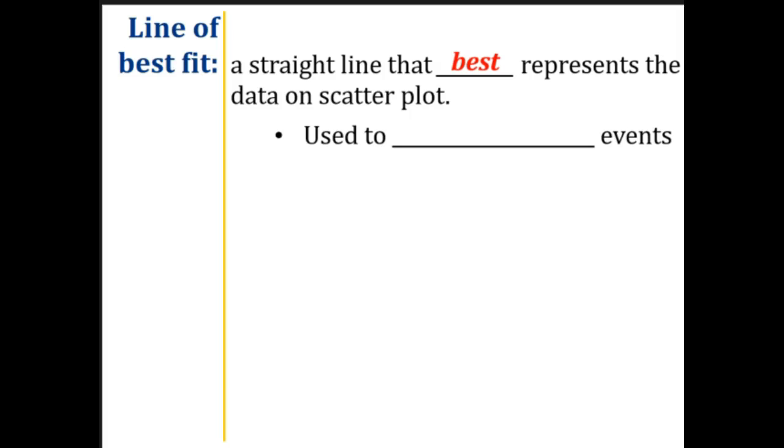If we're looking at data and we're charting it and we're using a line of best fit, it's going to tell us what about our data? It's going to help us make a prediction about the future in that set of data.